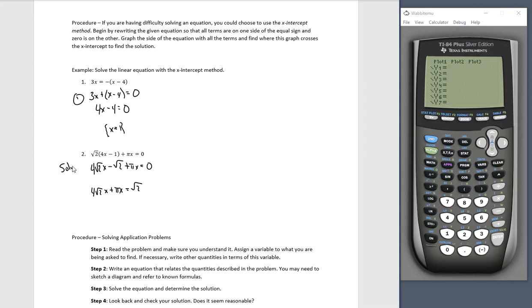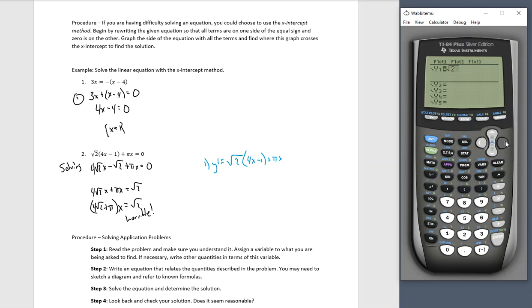This is just solving. We'll factor out an x. And it is just horrible and ugly. So what we could do, if we're going to find a rounded answer anyway, is on our x-intercept method, type in our y1 equals the left-hand side of this equation exactly as it's written. Let's see how quickly I can do this.